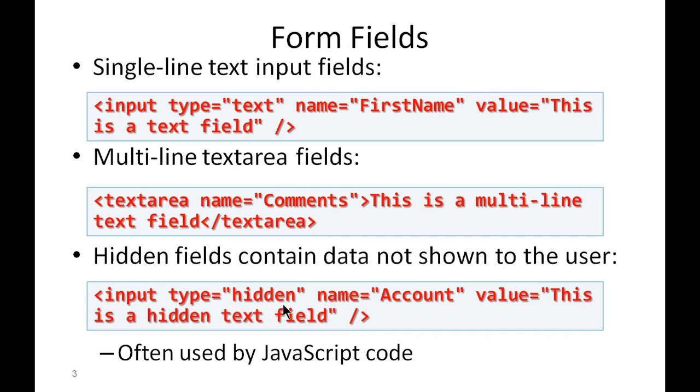You have to write like this: input tag opening, type is equal to hidden, name account value. This is the hidden text field. It will create a text field in which, when the user enters any characters or alphabets, those alphabets will be masked. This is often used by JavaScript code.